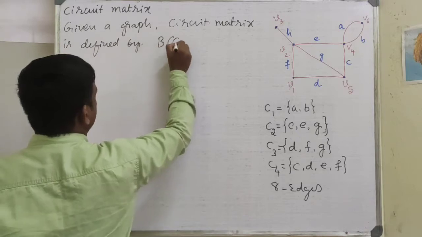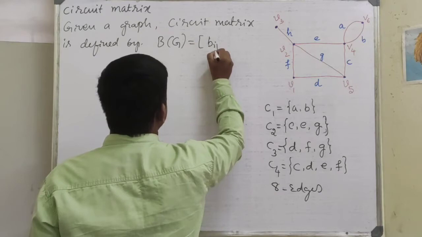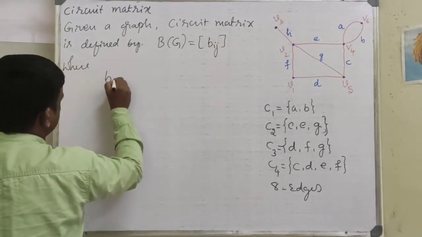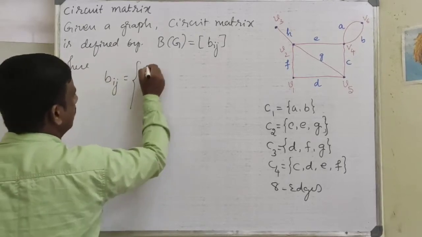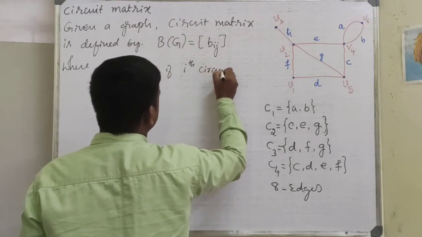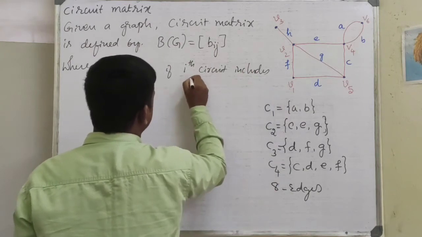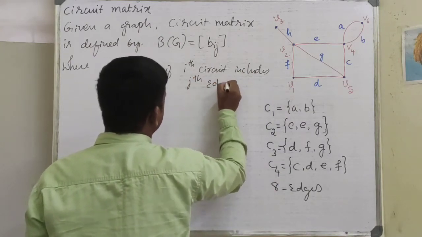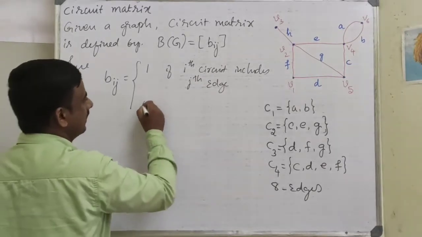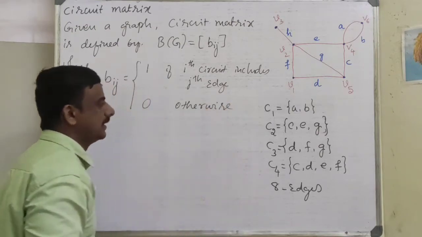B of G. The circuit matrix B of G equals Bij, where Bij will be 1 if the ith circuit includes the jth edge, otherwise it will be 0.